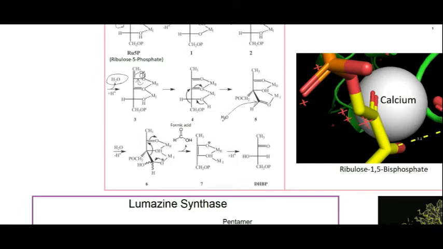Then we have an H2O come in and attack this ketone carbon here. A lot of times in these diagrams you'll see these squiggly lines, and that's showing that the stereochemistry of these bonds is not determined. The OH could be down here and the H could be up here, or it could be the way it's shown.